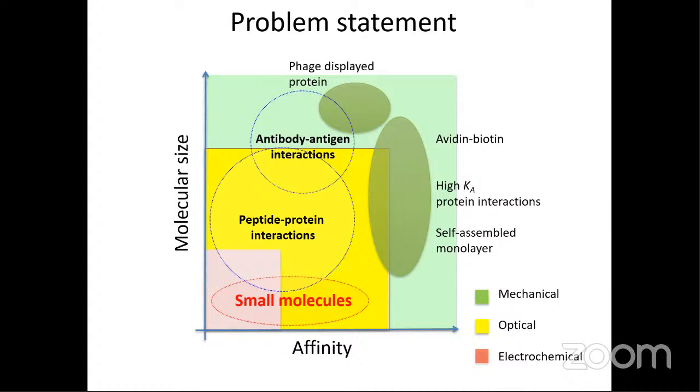We also have the antibody-antigen interaction in the big circle over there, which has a much lower affinity, but a medium to big size molecular target.